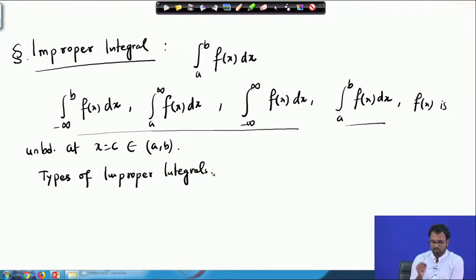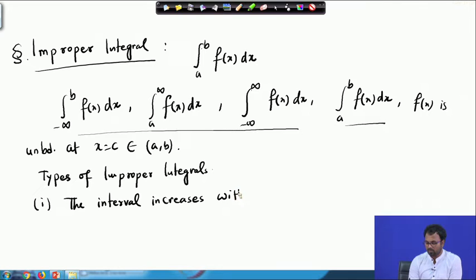The types of improper integrals are: the first type is when the interval increases without any limit. This could be one problem, like in this case, where the interval is increasing up to infinity.